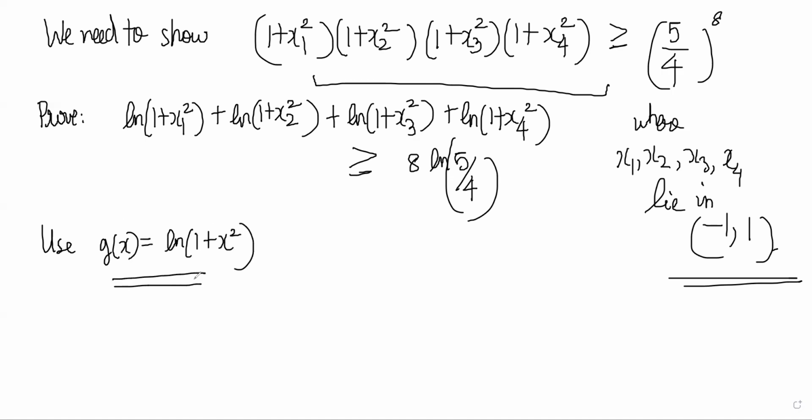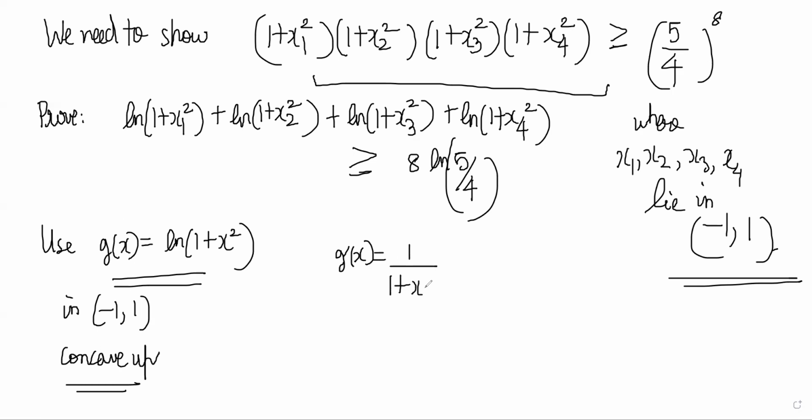Now this function is going to be concave up in the interval -1 to 1. How do I know that? Concavity or convexity can be decided by the double derivative of the function. If I take g dash x, I'll get 1 by (1 plus x squared) times 2x, that is twice of x by (1 plus x squared).